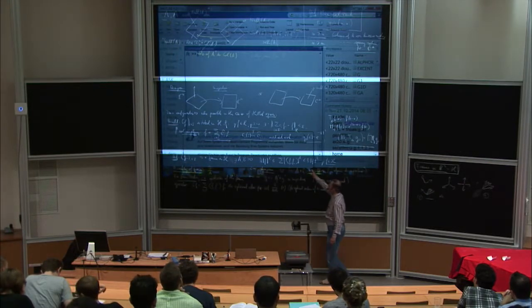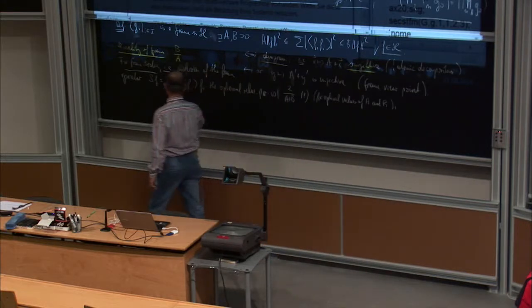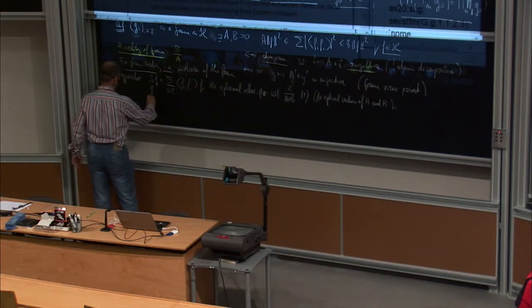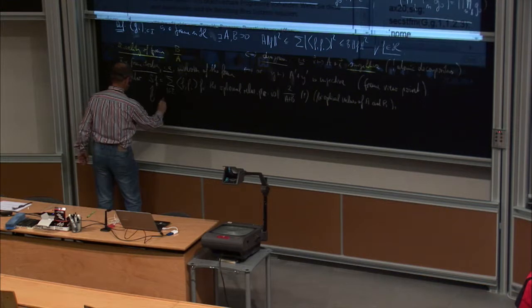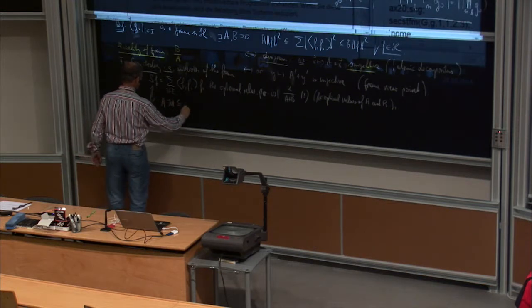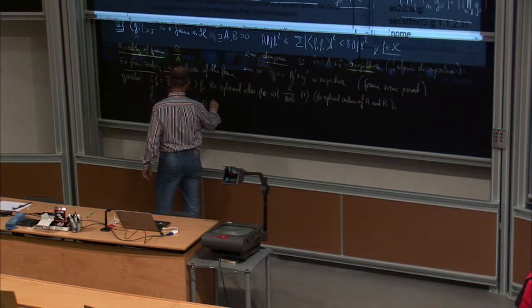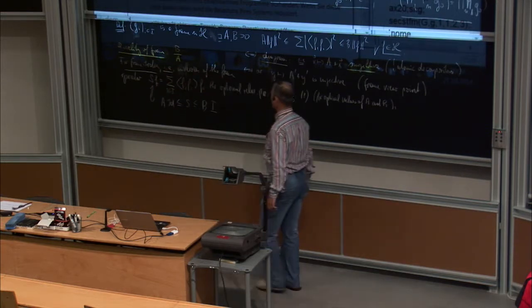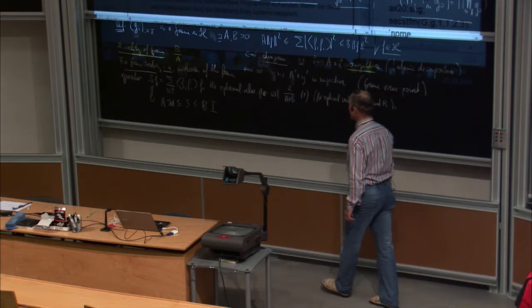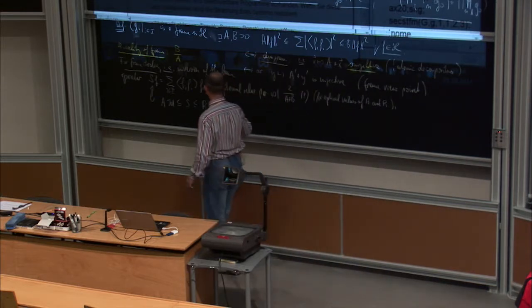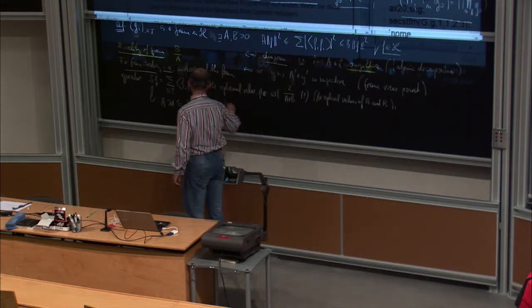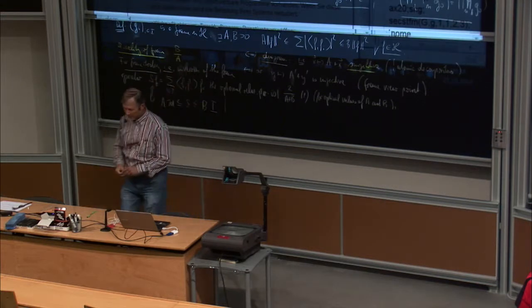Actually, this very definition tells you that the condition is that S lies between A times the identity and B times the identity, two positive multiples of the identity, and therefore you can, of course, divide by B. So maybe I do it with color chalk.